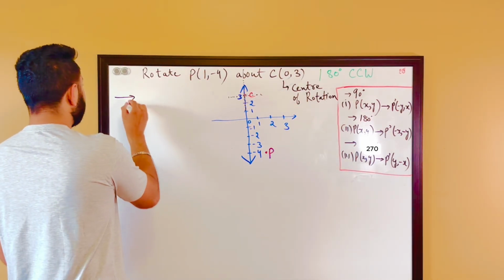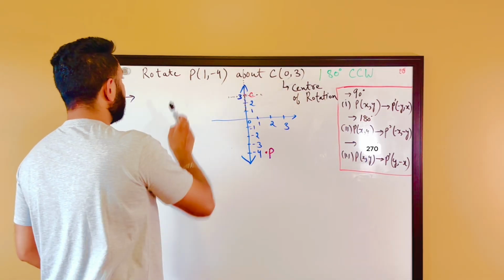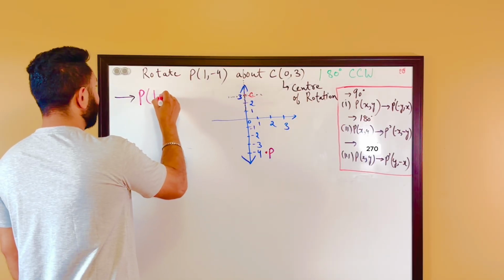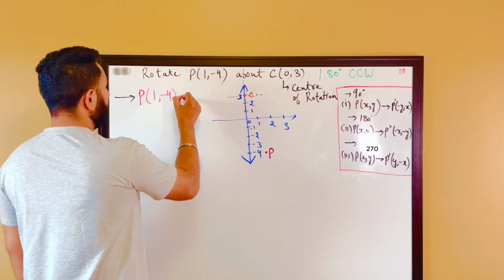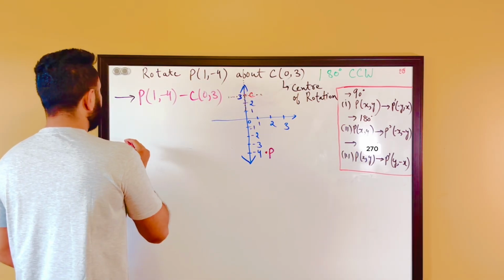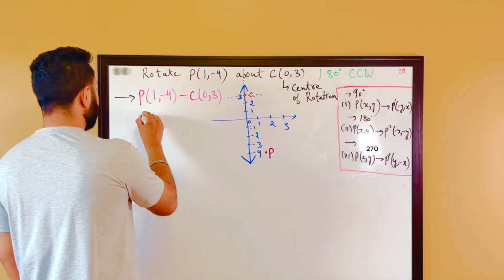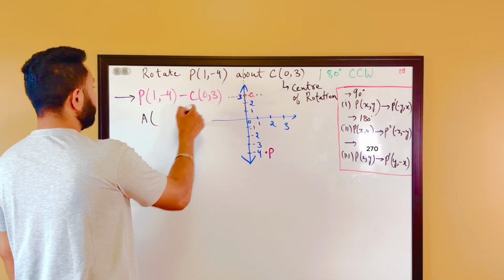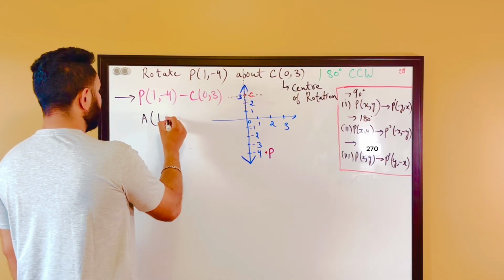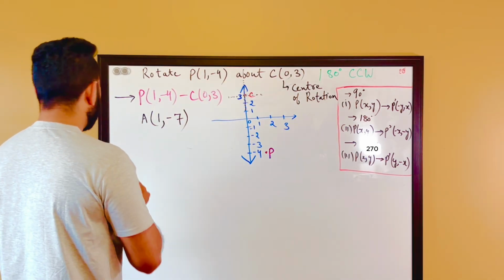So our first step is we're going to subtract center of rotation from this point, like (1, -4) minus C(0, 3). So our new point A will be (1 minus 0, -4 minus 3), that is (1, -7).